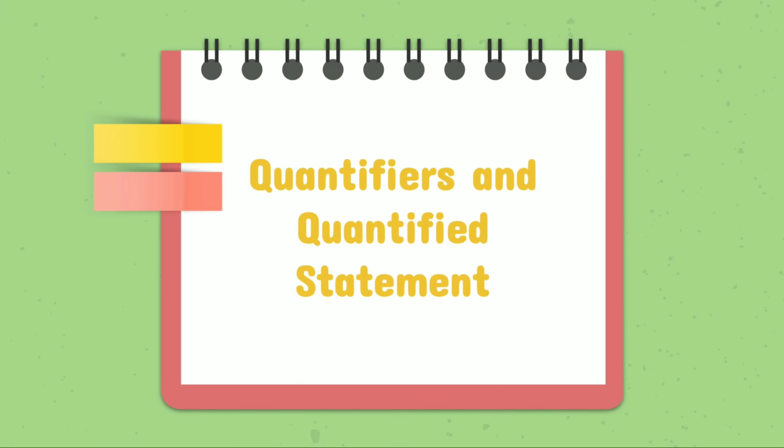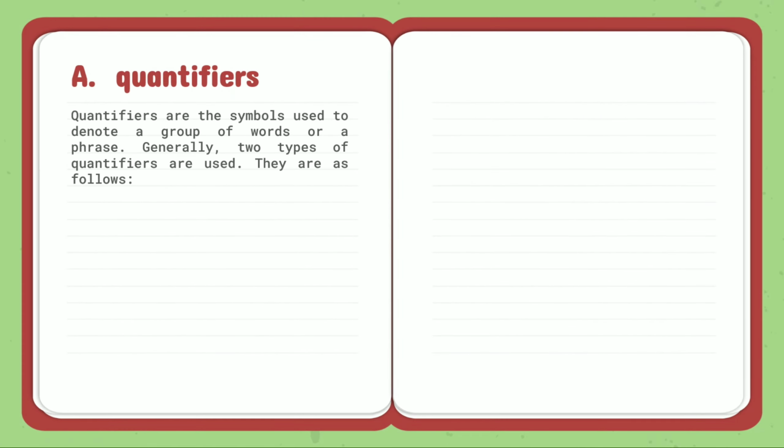Next, we will learn about quantifiers and quantified statement. Quantifiers are the symbols used to denote a group of words or a phrase. Generally, two types of quantifiers are used. They are as follows. First, universal quantifier.